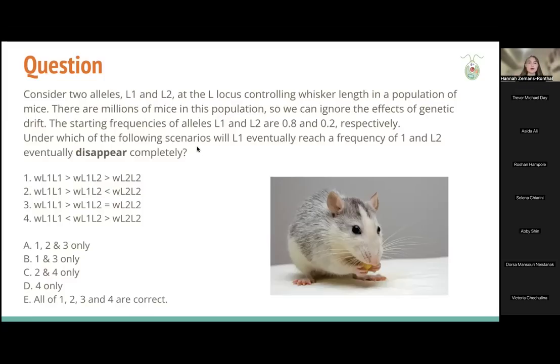So at this point, I would say that's probably correct, but we also don't know for sure. Actually, no, we do know for sure. Yeah, that is correct because that has the greatest fitness of all of them. And because it's greater than the heterozygote, it's going to select for this, and the frequency of L2 will disappear completely.